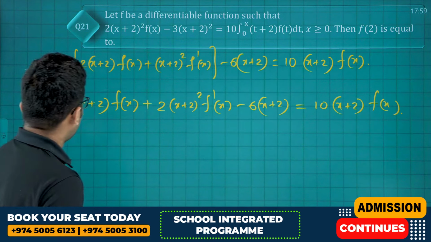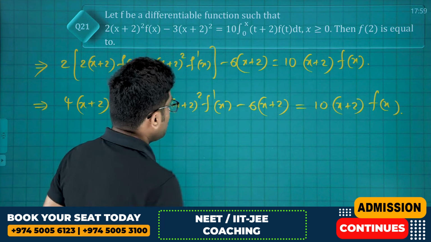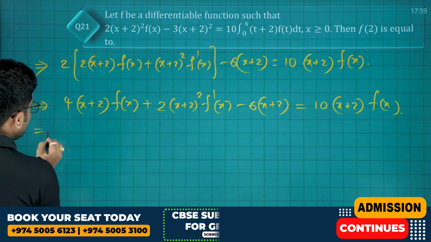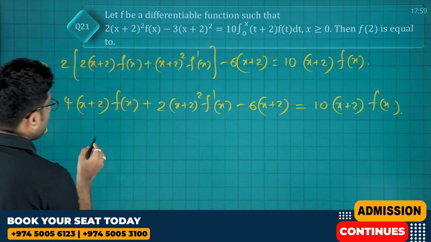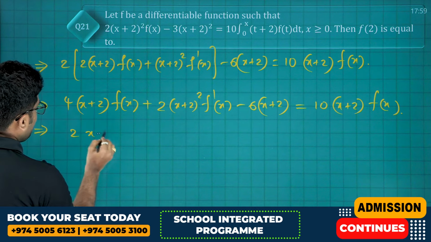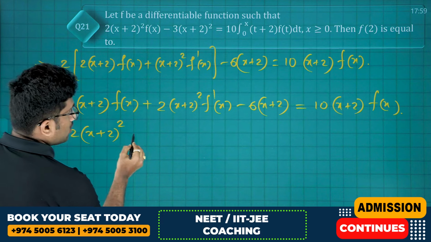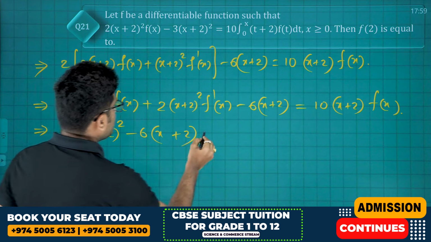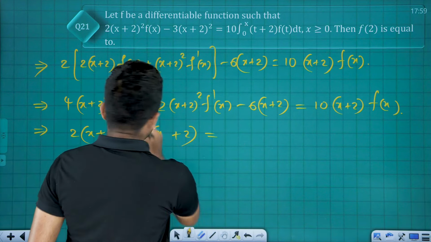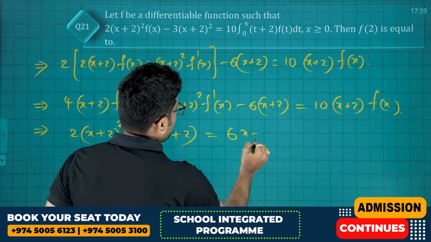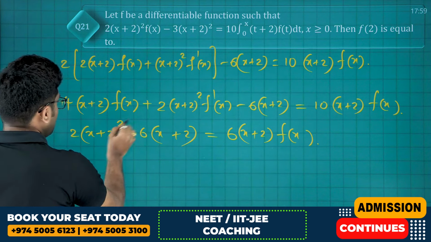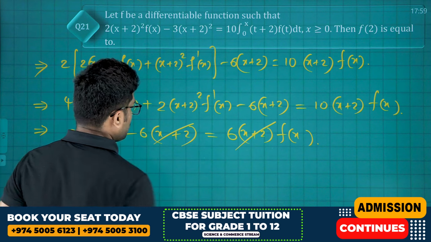See here you have 4 times (x plus 2) into f of x. So that goes to that side. That becomes 10 minus 4, it will be 6. So 2 times (x plus 2) whole square f dash x minus 6 times (x plus 2) is equal to 6 times (x plus 2) into f of x. (x plus 2) gets cancelled.